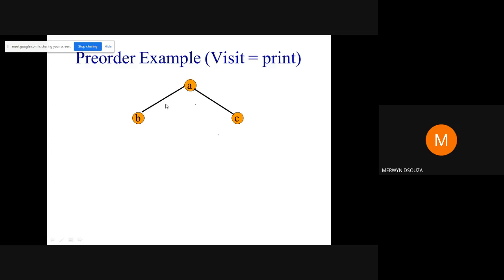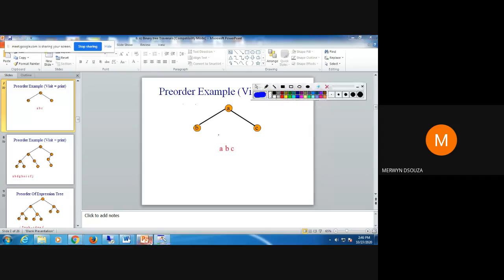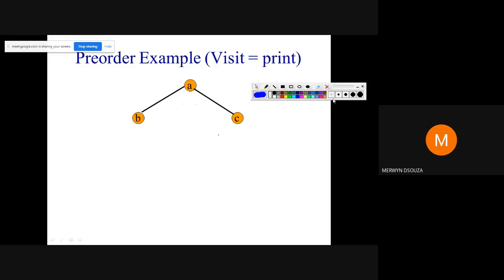So let's take one example. I would want you all to draw this tree in your books quickly. I'll show you how to do a pre-order traversal here. Remember, when you do a pre-order traversal, the order is V, L, R. This is the important thing that you have to remember.